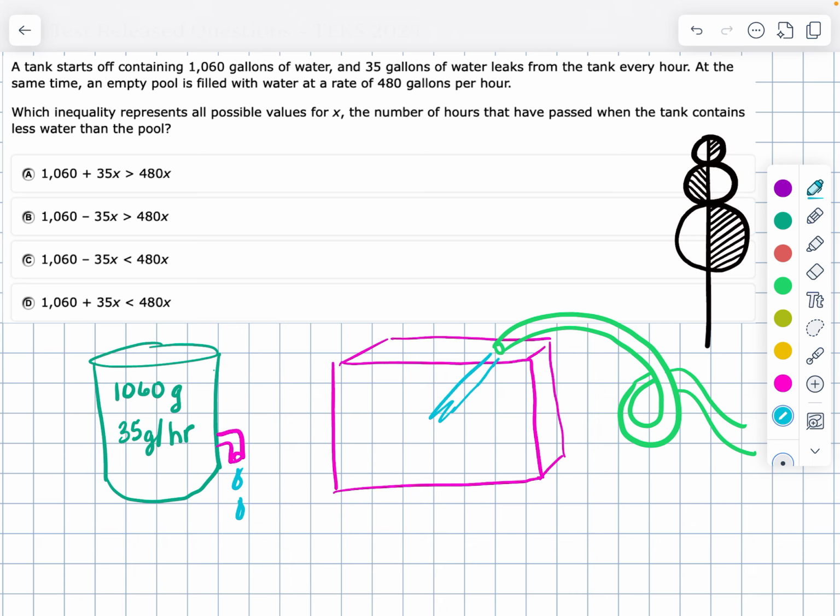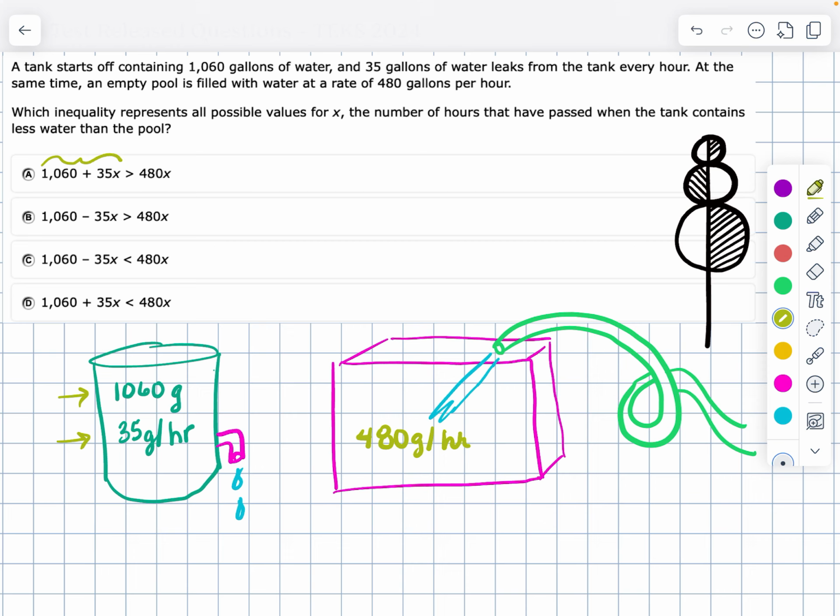Okay, so this one says an empty pool is filled with water at a rate of 480 gallons per hour. 480 gallons per hour. So you might be able to start seeing this: 1,060 and 35 is this first part.